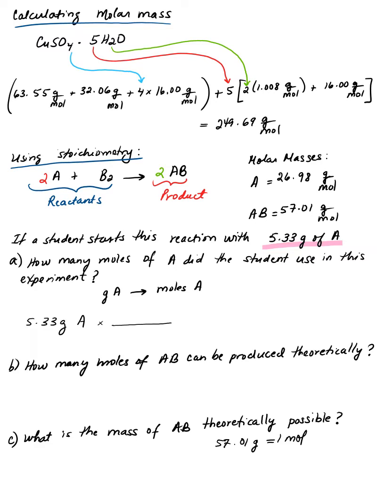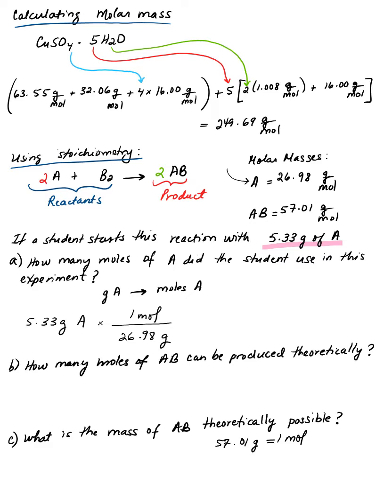The molar mass of A is listed right here. That's 26.98 grams for every mole. So if you have 26.98 grams of A, it's the equivalent amount of 1 mole of A.